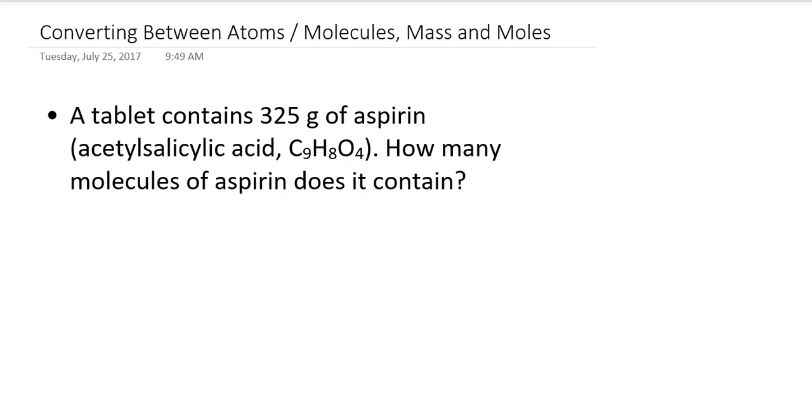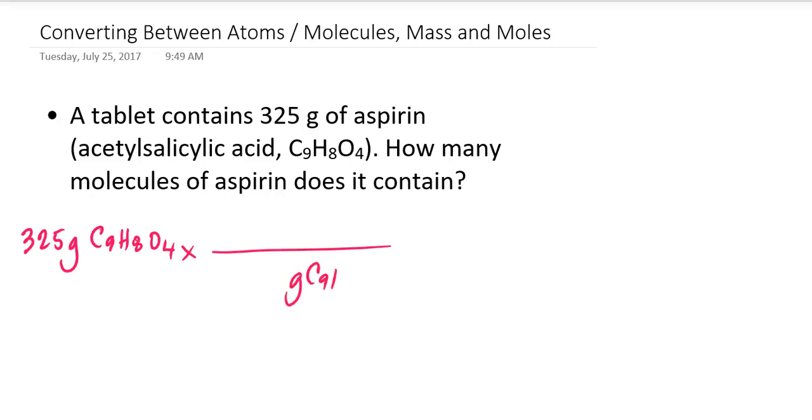I'm going to start by writing out my 325 grams of aspirin. Now, I want to convert these grams of aspirin to moles of aspirin.